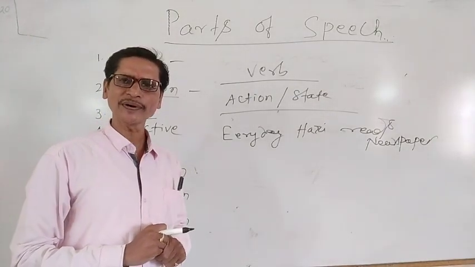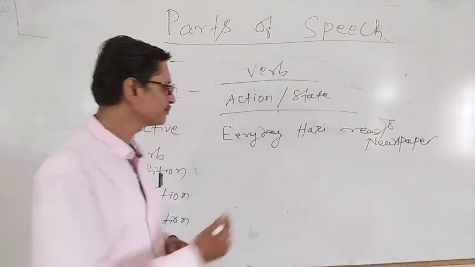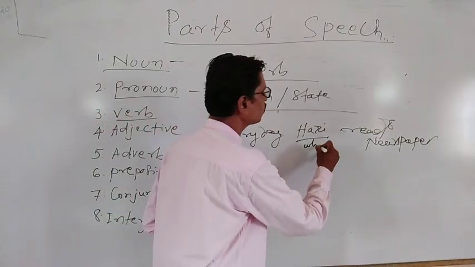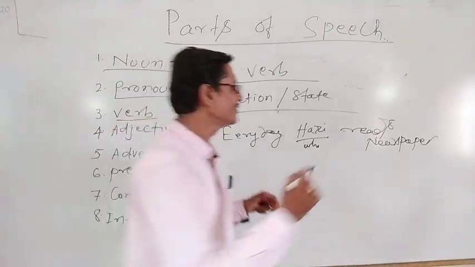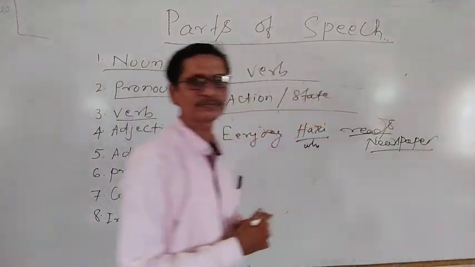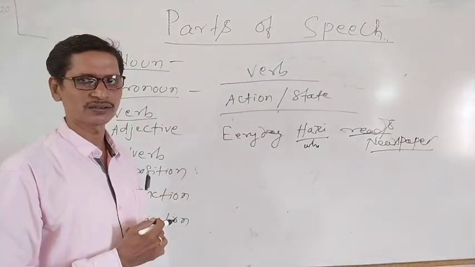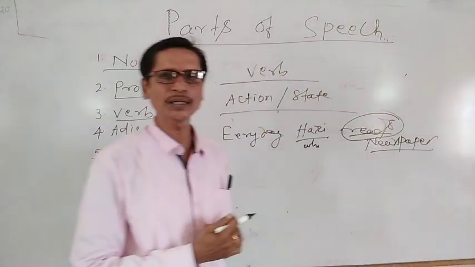Who reads newspaper? When we ask about the person, the doer, Hari. For that the question we make is who? What does Hari do? Reads newspaper. So here in this statement, we find reads as a verb.